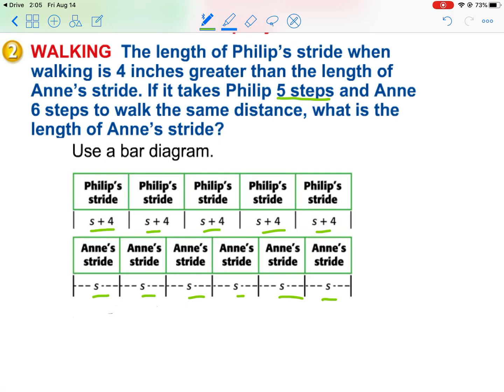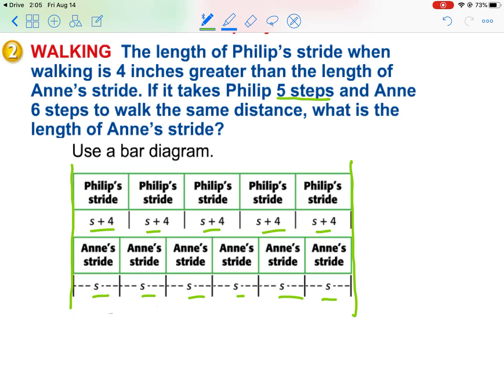In this diagram, we have the same distance shown by Philip and Anne. It only takes Philip 5 steps while it takes Anne 6 steps. So we're going to use the variable s to represent the length of Anne's stride. We also know that Philip's stride is 4 inches greater than Anne's stride.